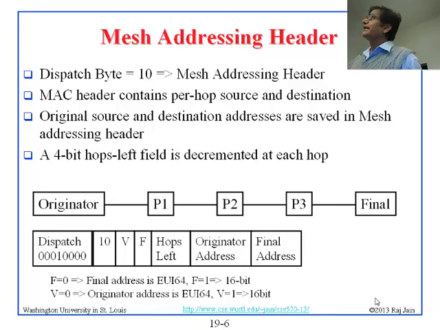So basically, there is a new header which is put for IPv6, in which if the dispatch byte is 10, that means it is a mesh addressing header, and that contains the addresses of the original and the final. Outside will have the address of the intermediate.